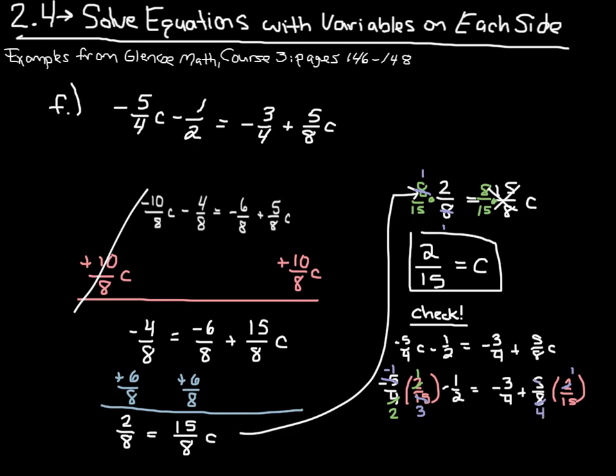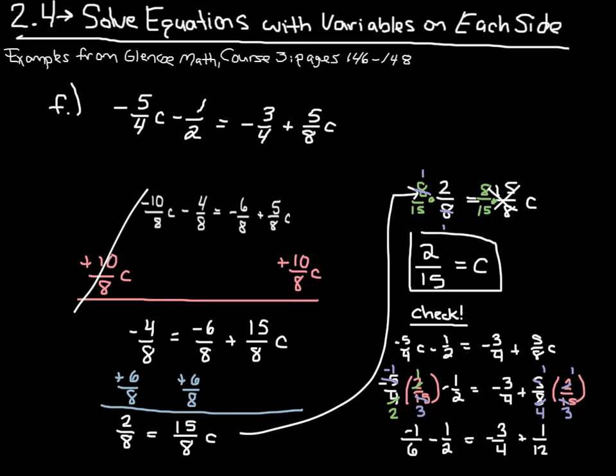And the 5 and the 15 we can divide by 5 once again to get 1 and 3. Now, where does that leave us? Negative 1 times 1 is negative 1/6 for 2 times 3 minus 1/2 needs to equal negative 3/4 plus 1 times 1 is 1 over 4 times 3 is 12.